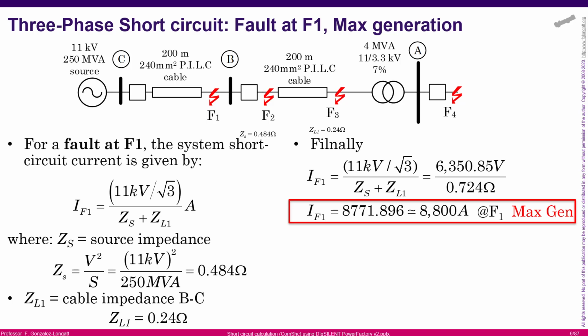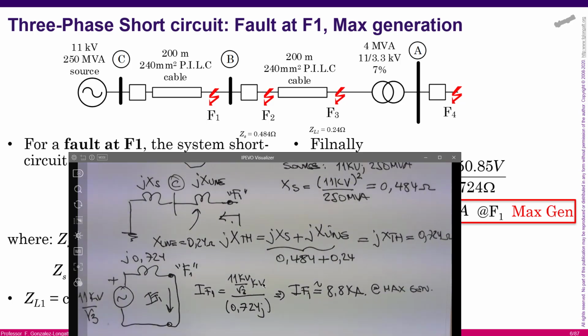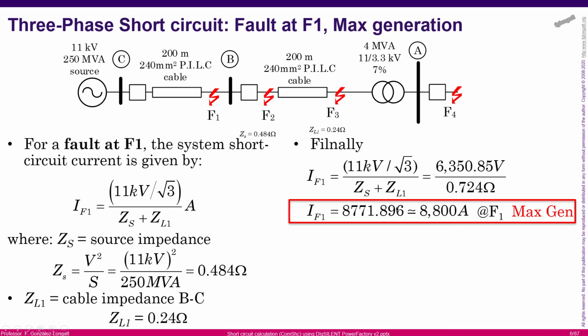Looking over here, my numerical results using the Thevenin method, 8.8 kiloamps. If you put the numbers with the proper decimal places, the exact value should be 8,771.896 amps. That is equivalent to 8.8 kiloamps. Okay.